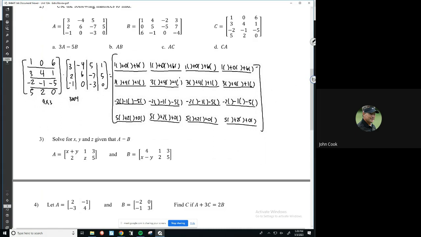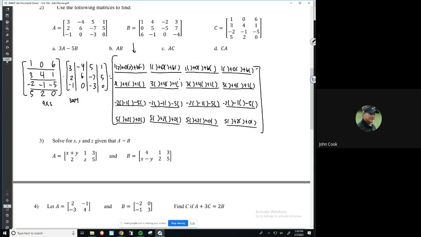All right, column number 1 is 3, 2, -1. So we're going to put that whole thing in column number 1. 3, 2, -1. And then second column is -4, 6, 0.